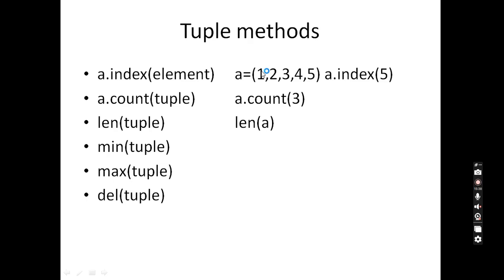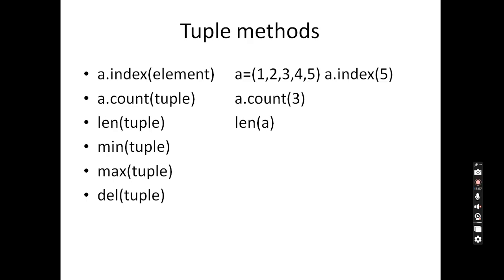For example, a is equal to 1 2 3 4 5, enclosed in parentheses. I call the index method and pass an element here. This works the same as in a list.